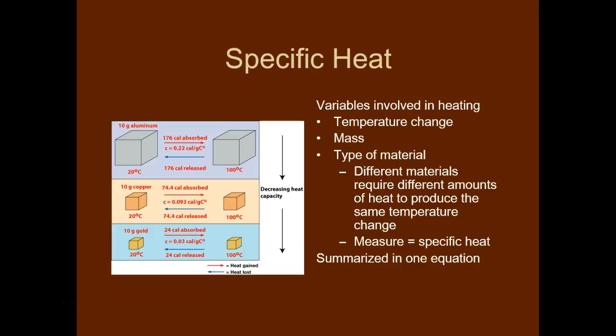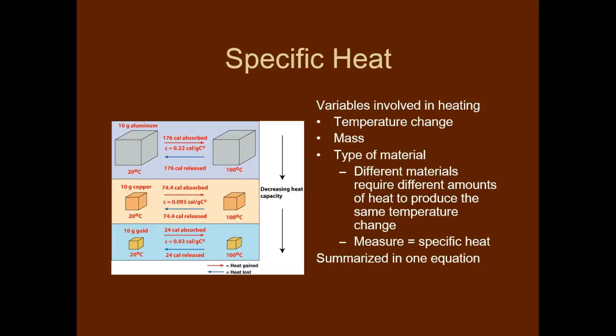10 grams of aluminum is going to take up quite a chunk here. It's at 20 degrees Celsius. We're going to heat that up to 100 degrees Celsius, an 80-degree temperature change. There's your temperature change. Here's your mass, 10 grams. The type of material is aluminum. It's going to take 176 calories to heat that up.